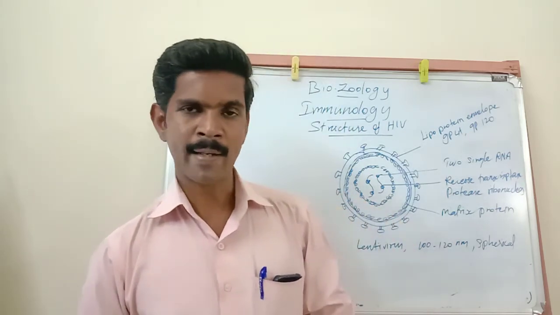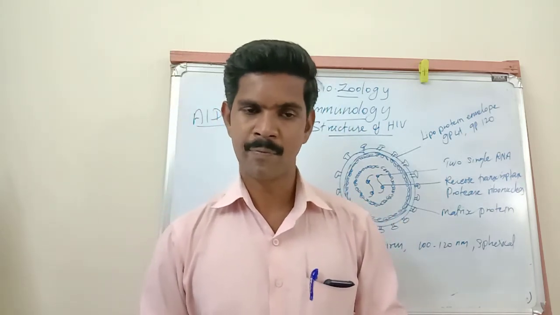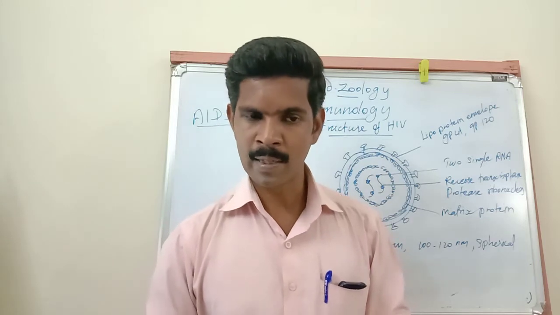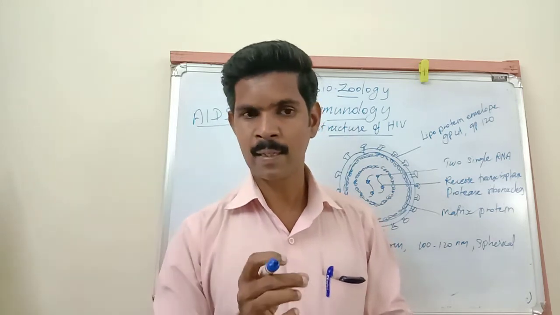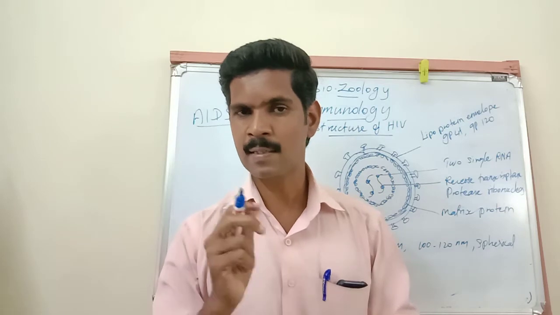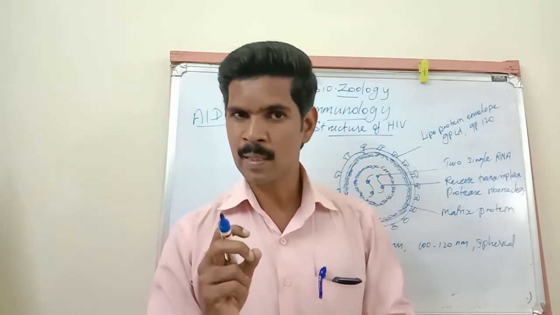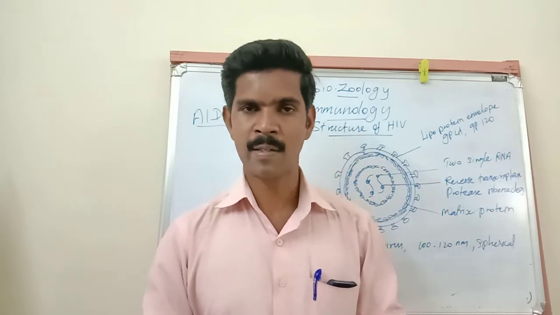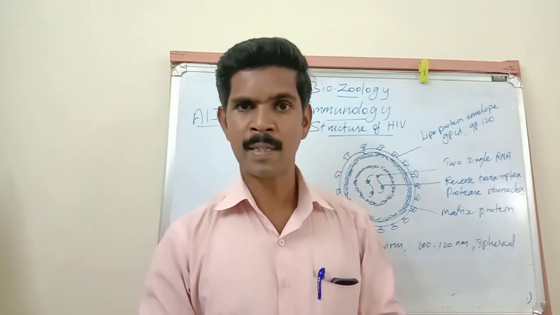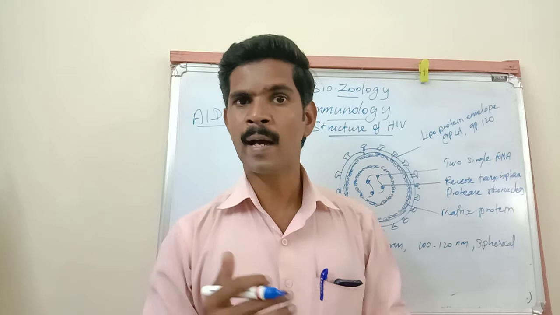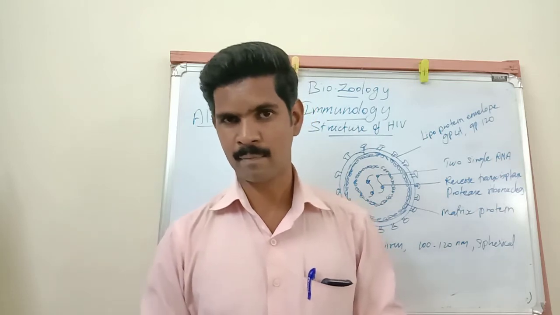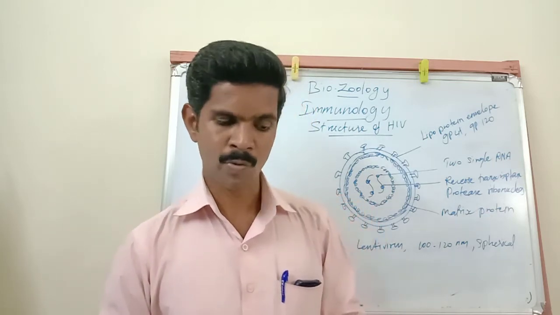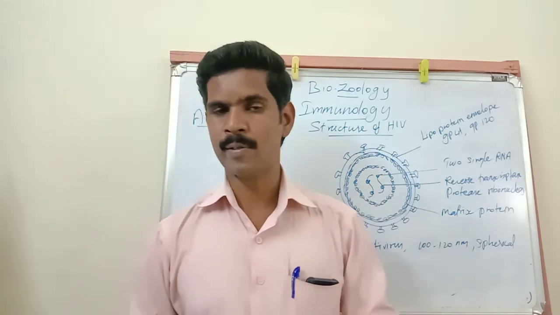So, one important point: the HIV virus infects the T helper cells, and the T helper cells stimulate the B cells for antibody production. If the number of T helper cells is reduced, antibody production is affected. I hope you understood this point.